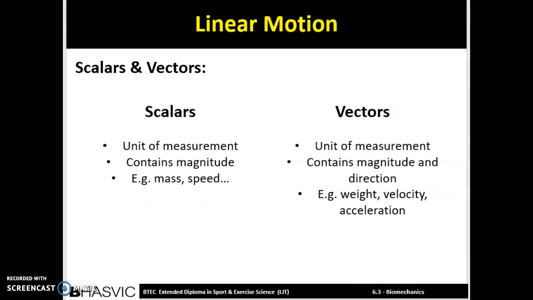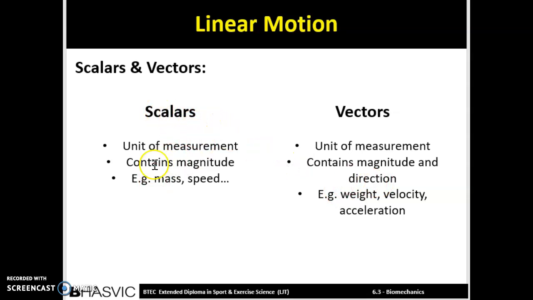Linear motion now. So linear motion is moving in one single plane of motion, and there's two different components when it comes to linear motion. You have scalar components and vector components. So scalars and vectors are both units of measurement, however a scalar only contains a magnitude, and a vector contains both magnitude and direction.